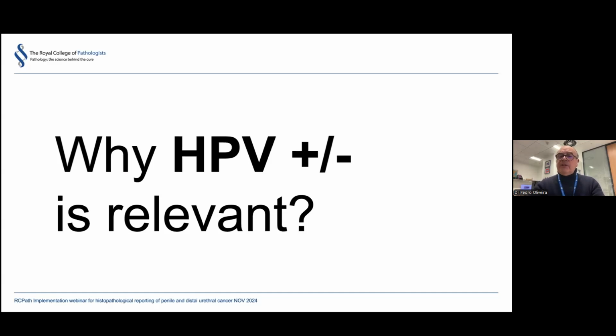And from the experience of other cancers, mainly the head and neck cancers associated with HPV and anal cancers, we have seen that HPV-associated lesions behave differently, with a better outcome, are more prone to be managed by radiation therapy, and also because the staging system, at least for oral cancer, has changed in terms of the TNM.